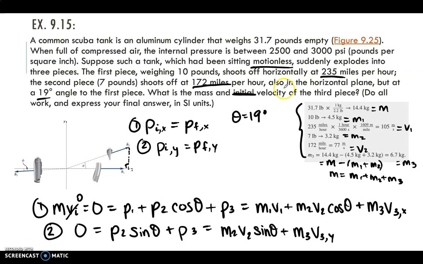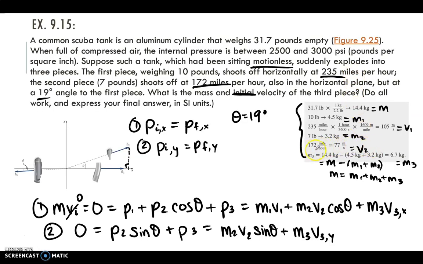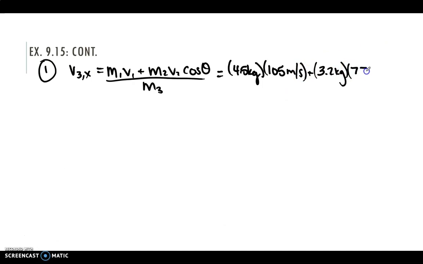So let's see, our m1 is 4.5 kilograms times v1, which is 105 meters per second, plus our second mass, which is 3.2 kilograms, times our velocity in the second, which is 77 meters per second, times cosine of 19 degrees, over m3, which we solved for earlier as 6.7 kilograms.